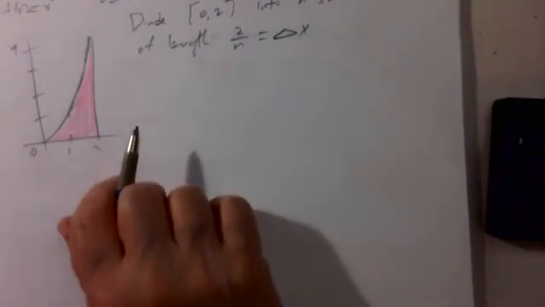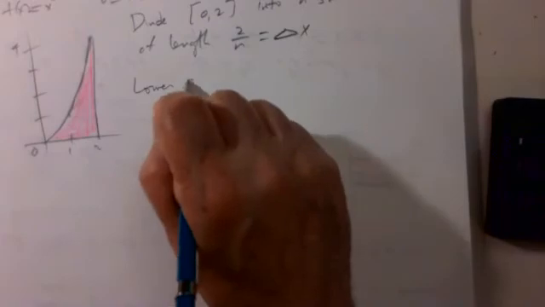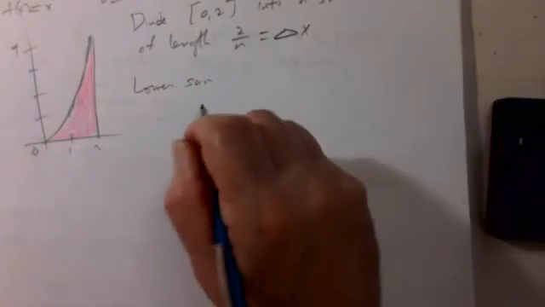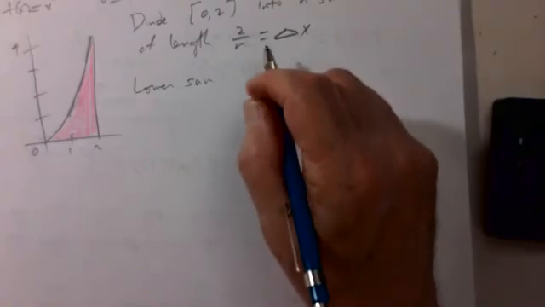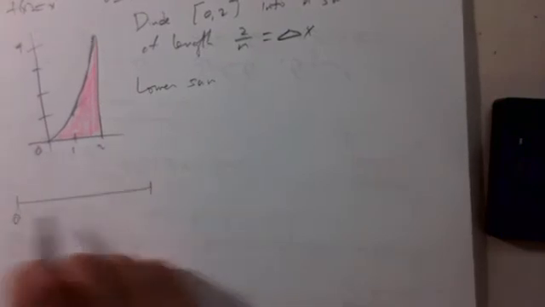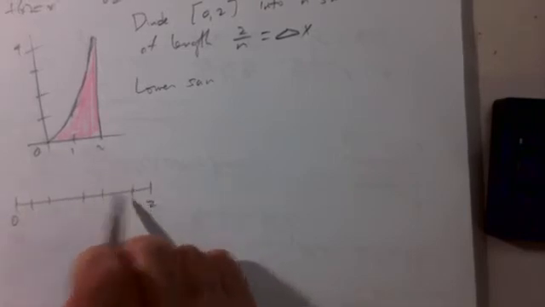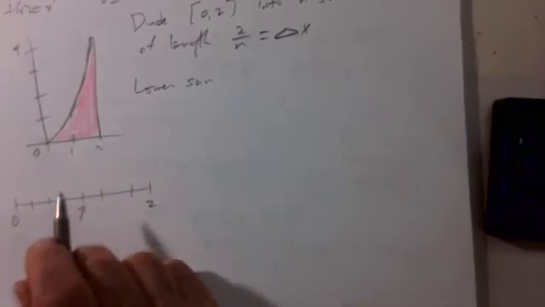Let's calculate the lower sum. So if you take the interval 0, 2, we're dividing it up into pieces of equal length.